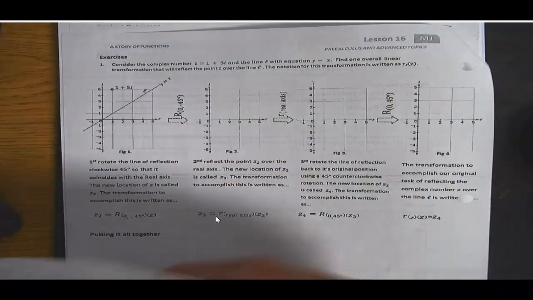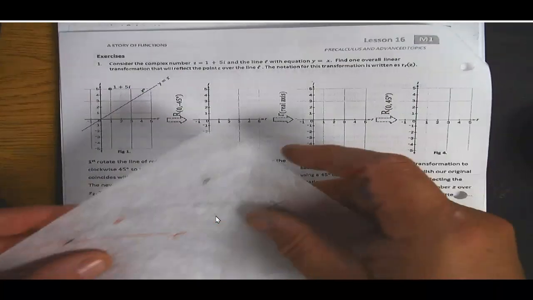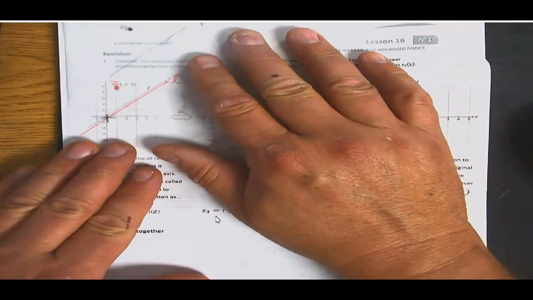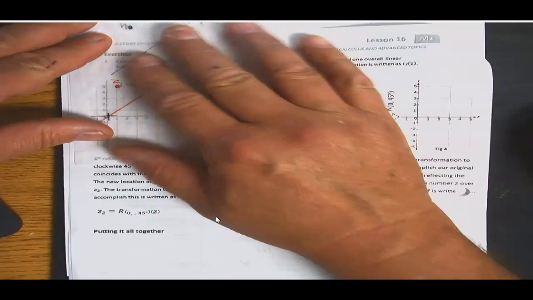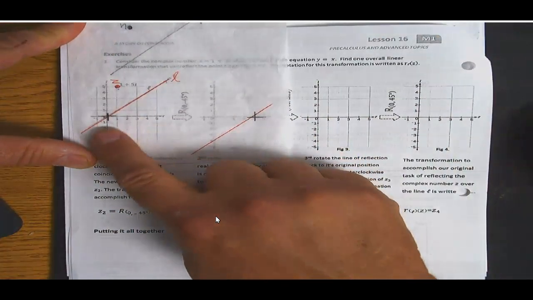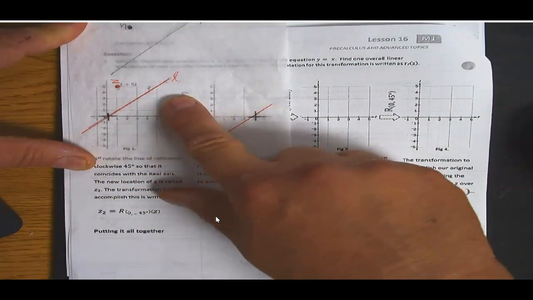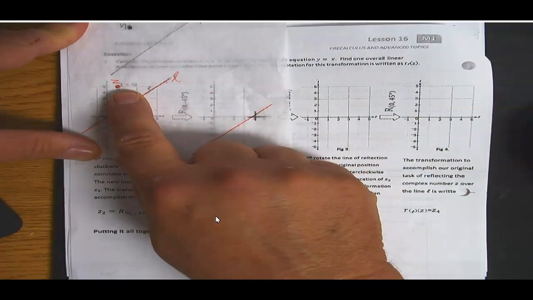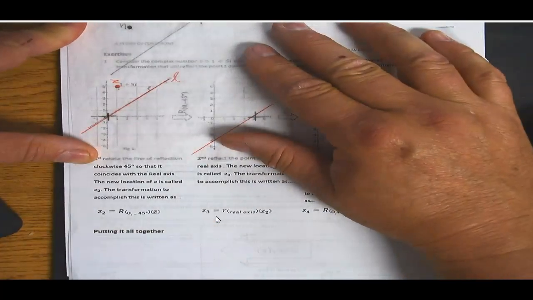Okay, all right, so this is what you're going to do. Take your tracing paper and trace the line of reflection and trace where Z is.